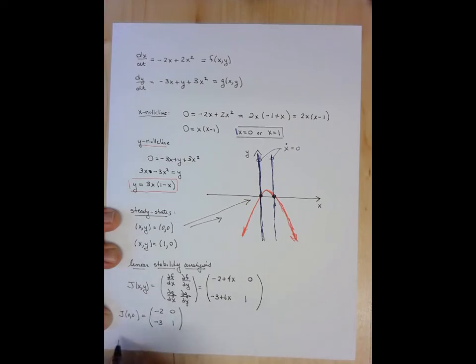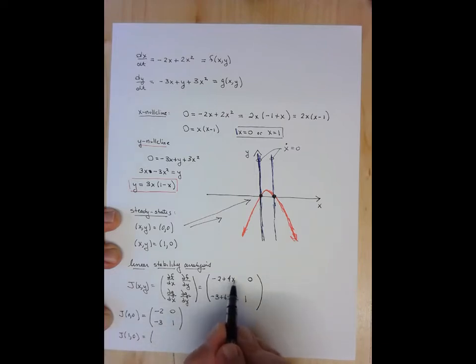And the Jacobian matrix at the steady state (1, 0) is equal to -2 plus 4 times 1, so that's plus 2. Here, if x is 1, we'll have plus 3, and then we'll still have 0 and 1 over here. So those are our two Jacobian matrices.